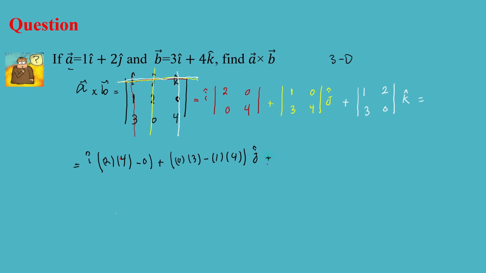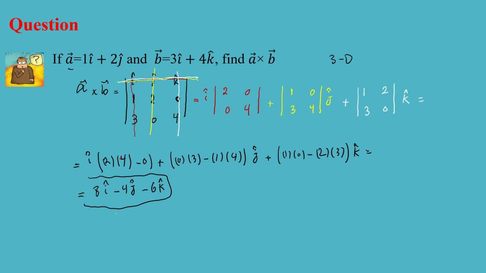And then the last one is 1 times 0 minus 2 times 3 in K. And then the result is 8i minus 4j minus 6k. And this is going to be my final answer.